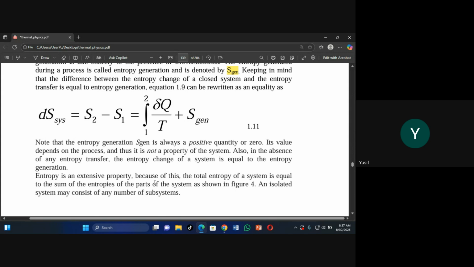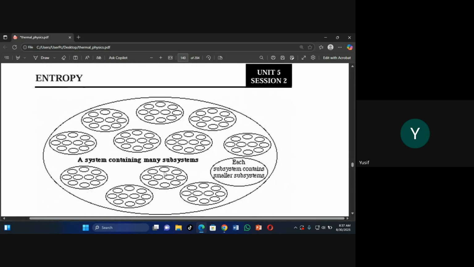An isolated system may consist of a number of subsystems. So because we said entropy is an extensive property, if we take the whole thing, we can have subsystems in there. But when you take the whole sample, the entropy within it is constant. I hope you are making sense.